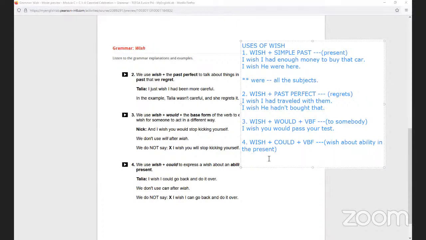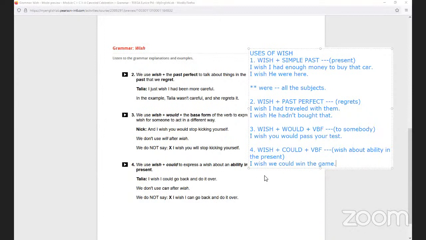So for example, I can say this, I wish we could win the game. Okay, I wish we could win the game. This is a wish about ability, but in the present. Okay, yo deseo que nosotros podamos ganar el juego. So that is the thing about this.